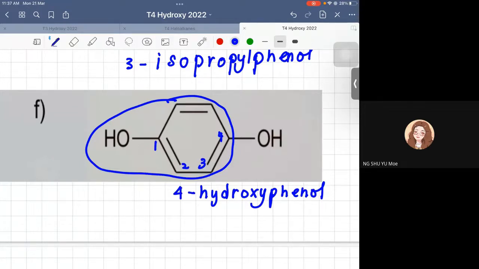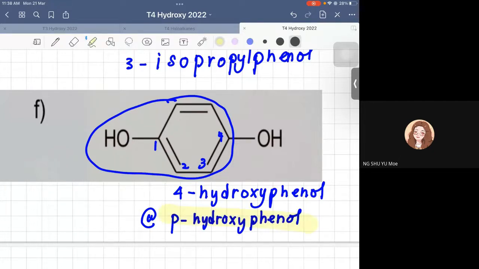So 4-hydroxy phenol. Okay. Atau dalam benzene nanti kamu akan belajar, kamu akan jumpa dia, cara naming dia adalah para hydroxy phenol. Okay, yang ni kamu belajar dalam alkene nanti. Naming, special naming for the benzene compound.